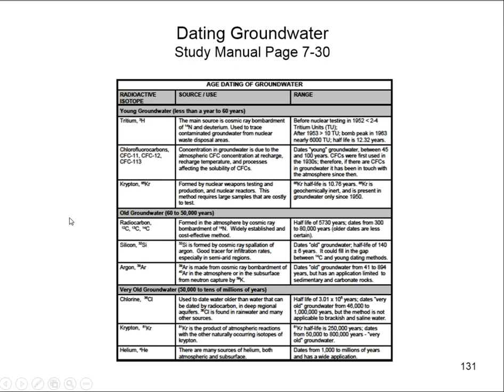So now if you're a water manager and you get an old or a very old groundwater age, what would that tell you? Well, you're not getting recharge. And that would be a big concern because it would mean that you're mining your water source. But what we find often is a range of ages in an aquifer.